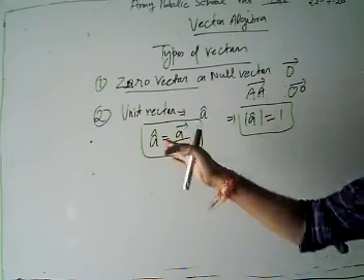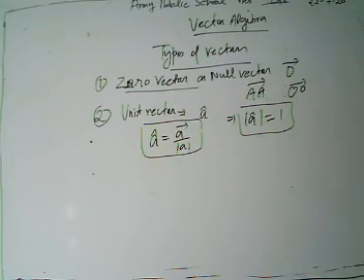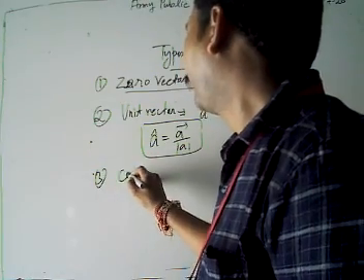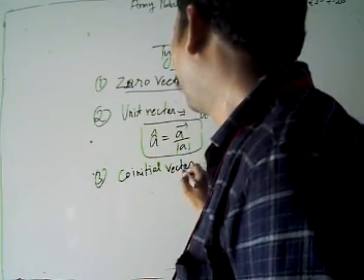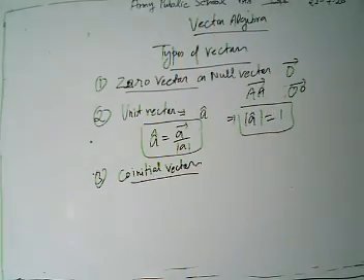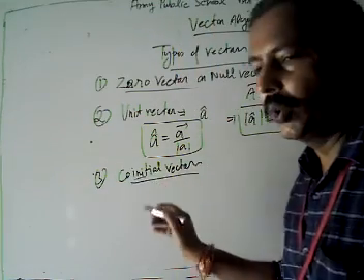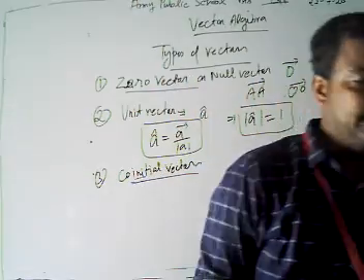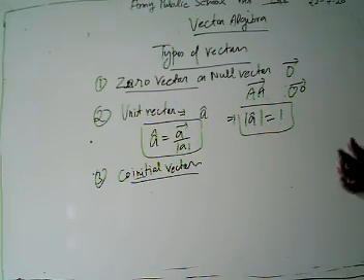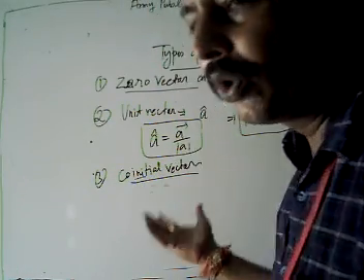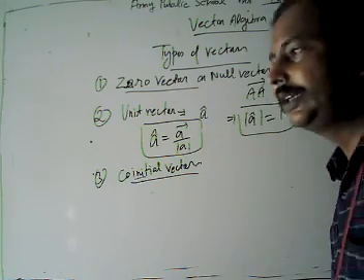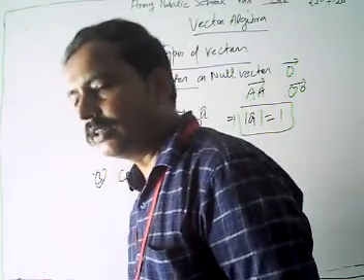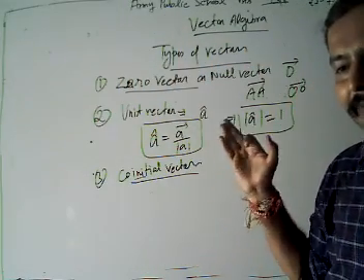Now we have discussed our zero vector and our unit vector. Then third is co-initial vectors. Obviously, as the name says, co means the same. Two or more vectors are said to be co-initial if they have the same initial point.